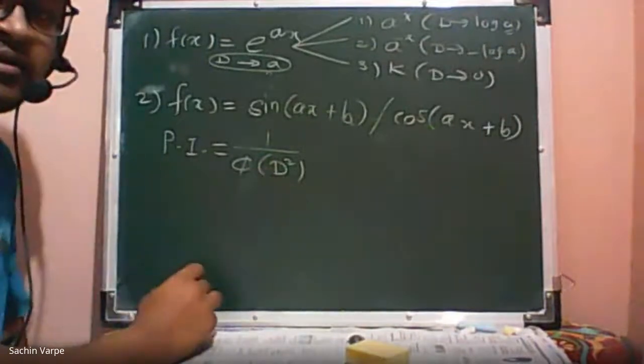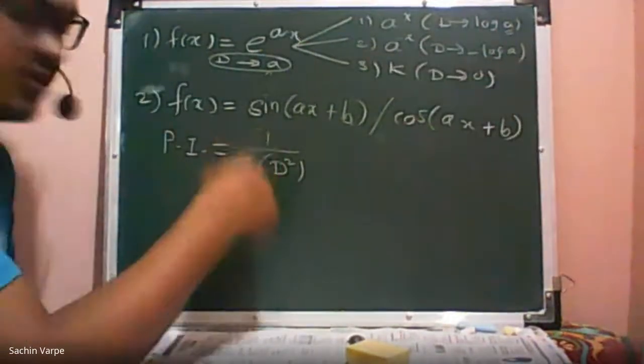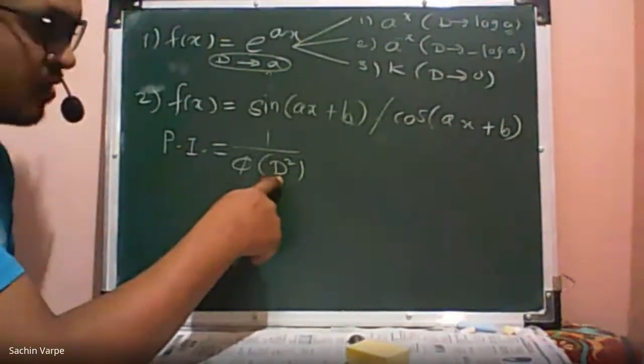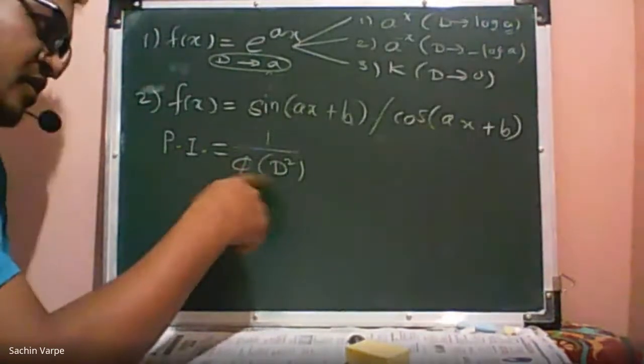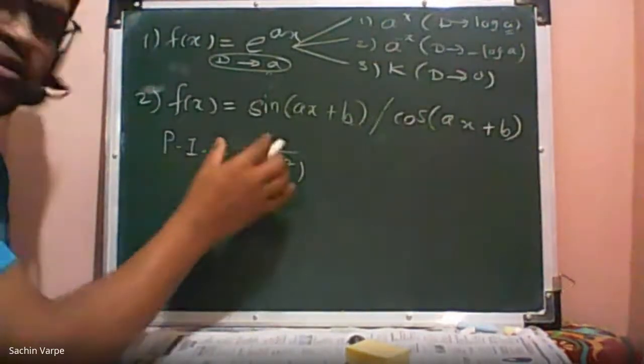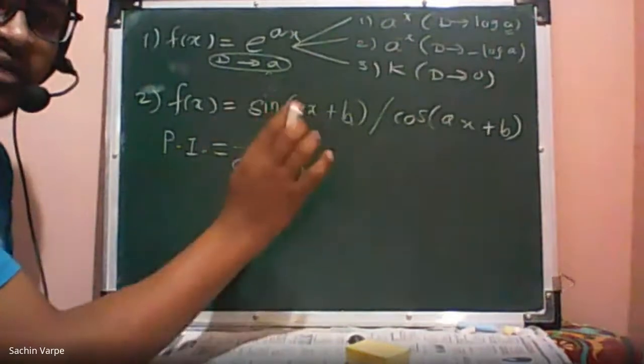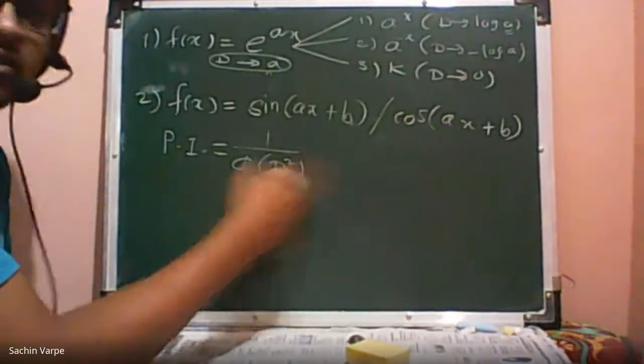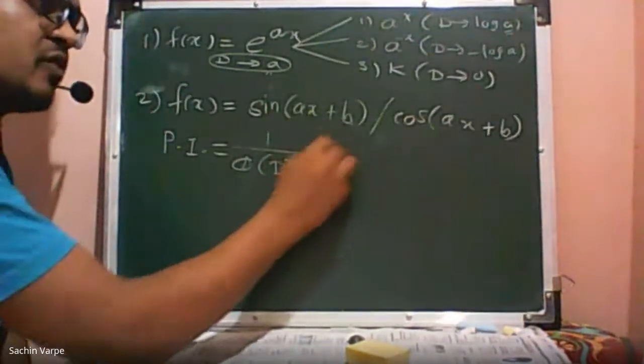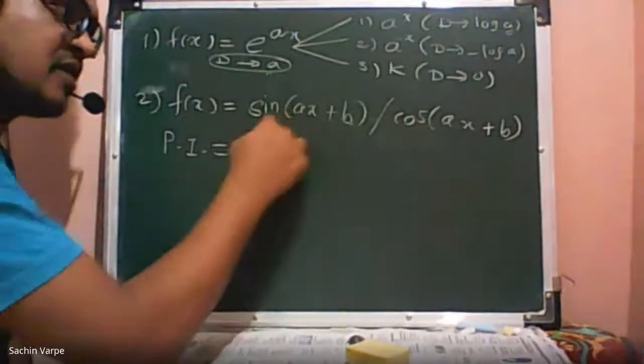If the phi of D is already given in terms of D square, then no problem. But if it is not, then we have to get that D square there. Phi of D square into f of x, when f of x is either sine or cos.